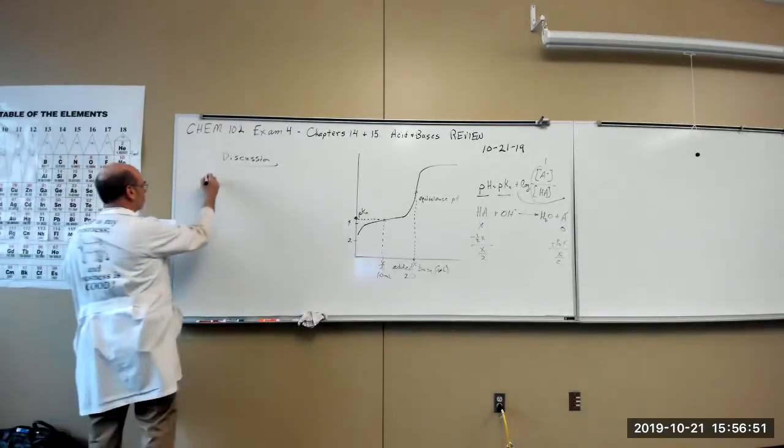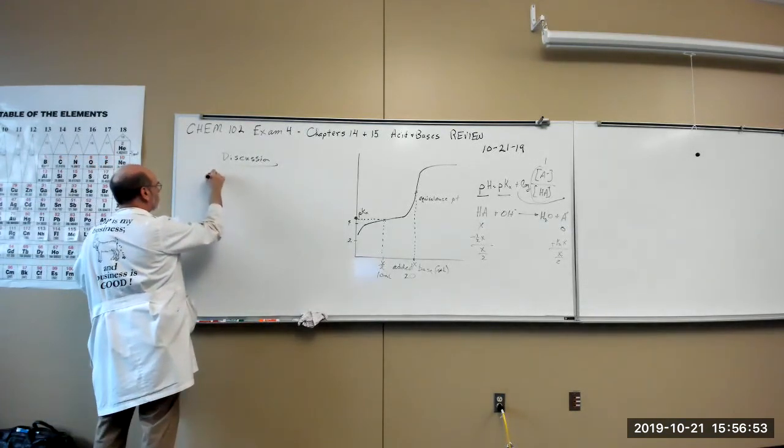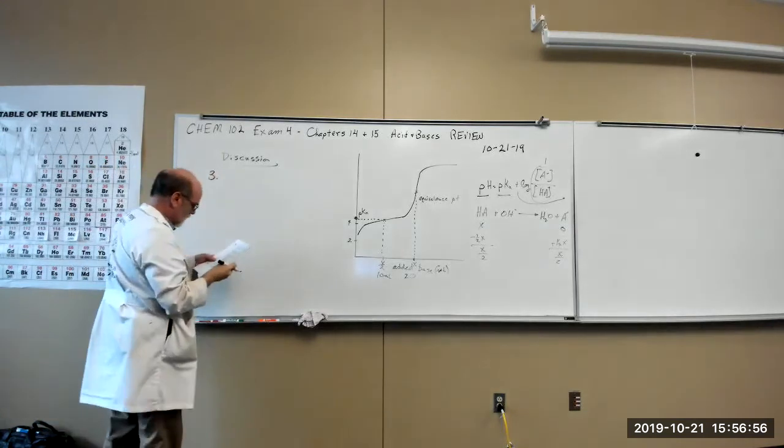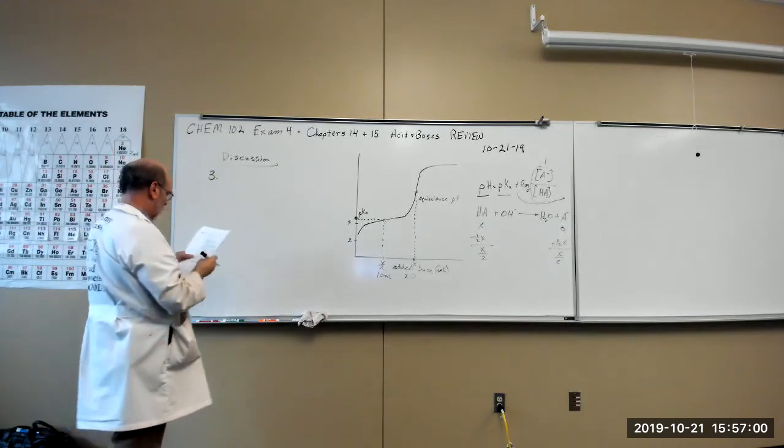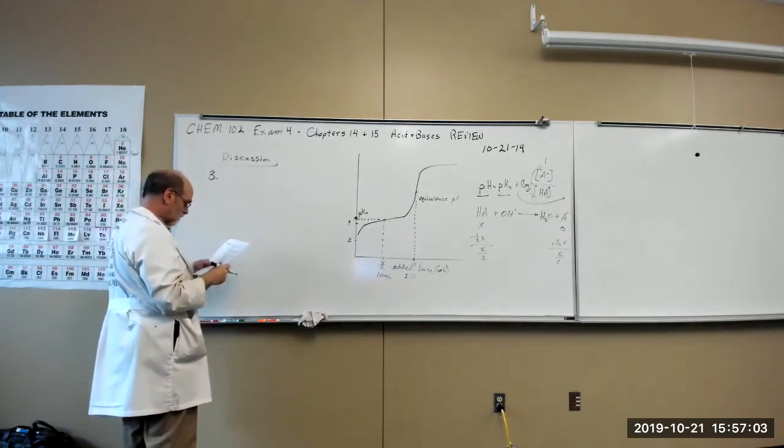Okay, 3. In a titration of weak acid, the midpoint corresponds to a pH value of 6.1. The midpoint?